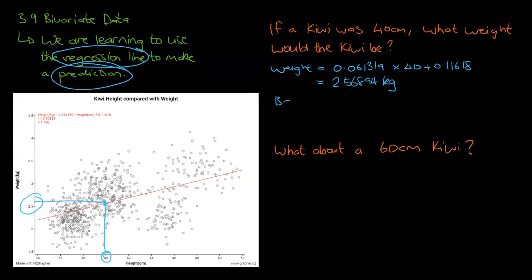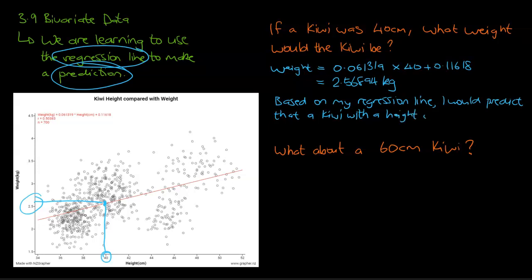So we're going to start off with: based on my regression line, I would predict that a kiwi with a height of 40 centimeters would have a weight of, and we're going to put in our prediction over here, 2.56894 kilograms.